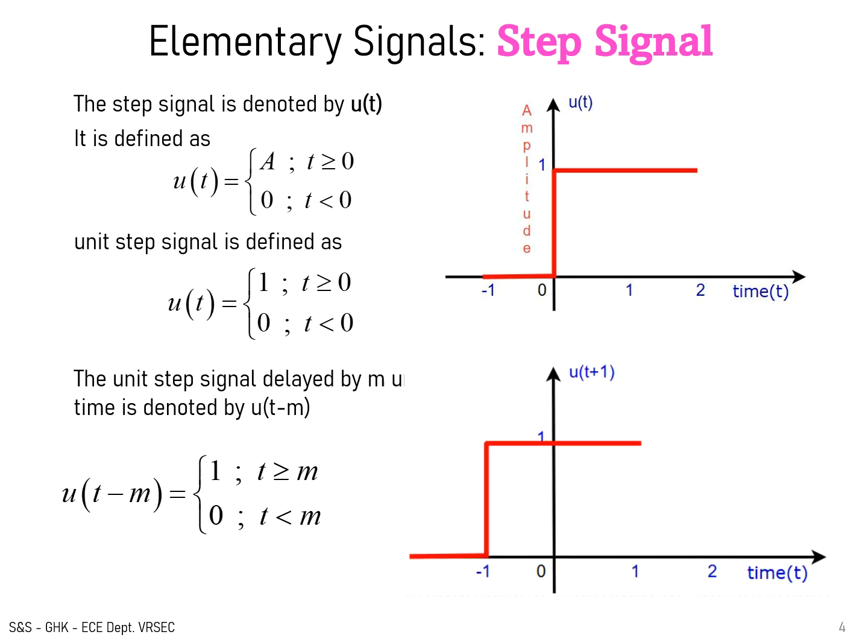Here this unit step signal is a 1 unit left shifted unit step signal expressed as u of t plus 1, and this unit step signal is a 1 unit right shifted unit step signal expressed as u of t minus 1.